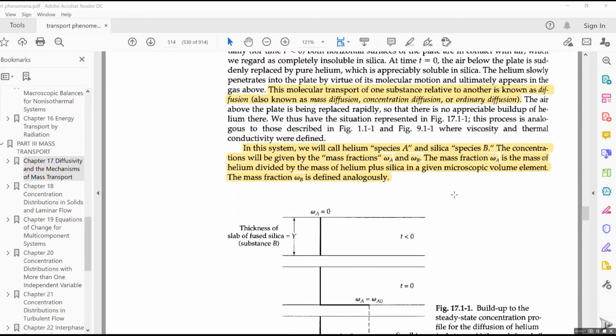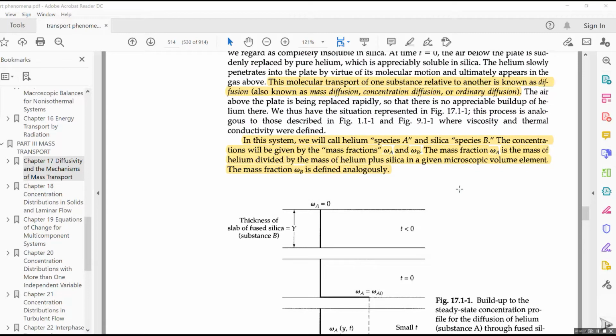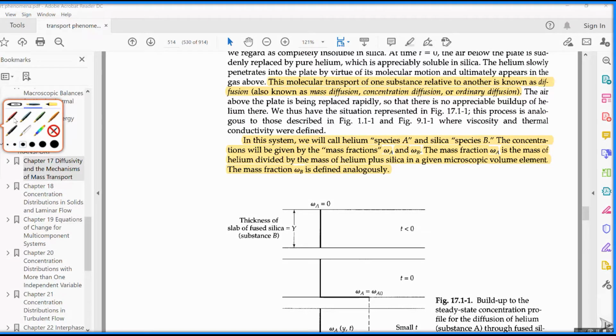This time the helium is different from the air, so helium is soluble inside of the silica at an important level. So at time equal to 0, the mass fraction or concentration of A, we call this the helium, and we call B the silica, this slab.